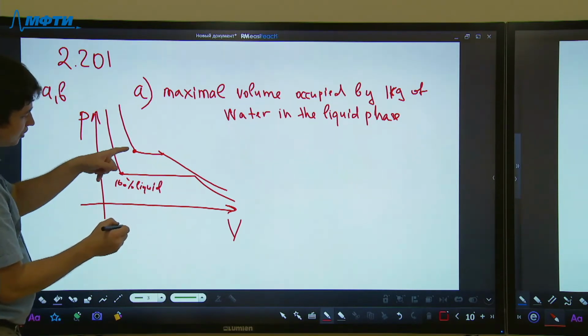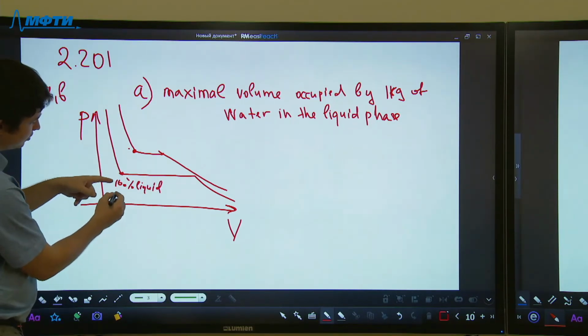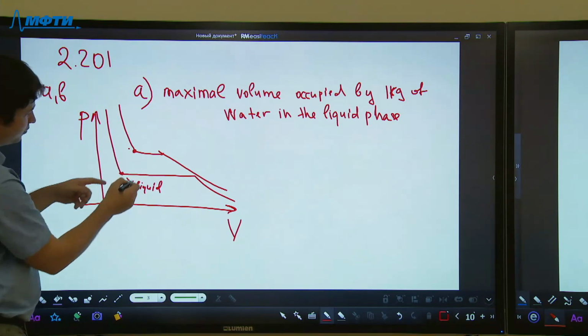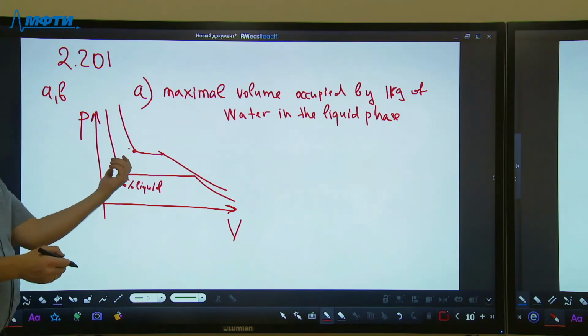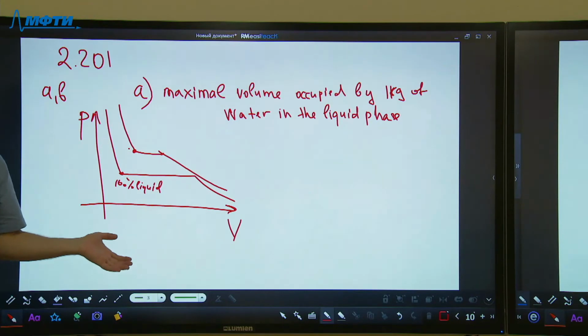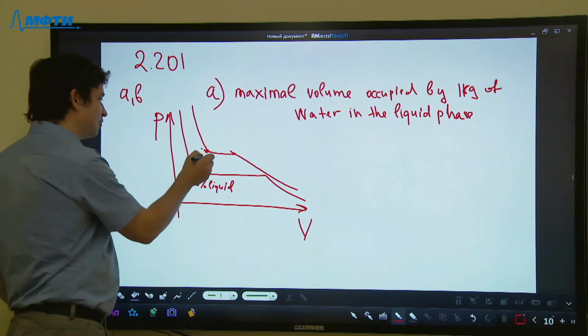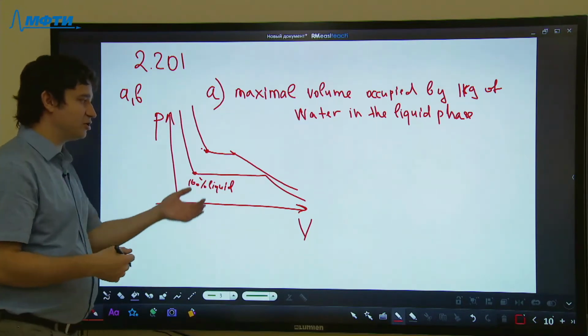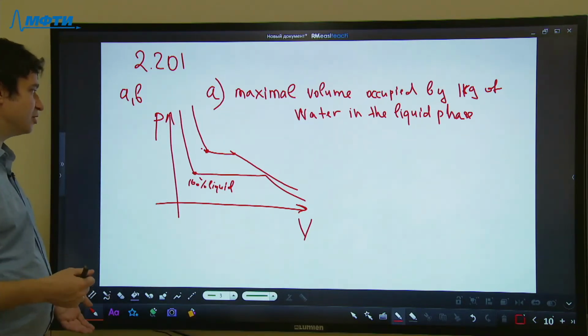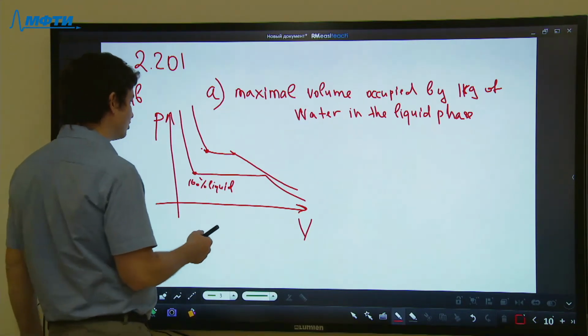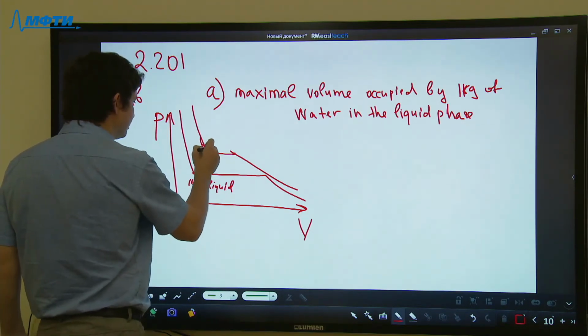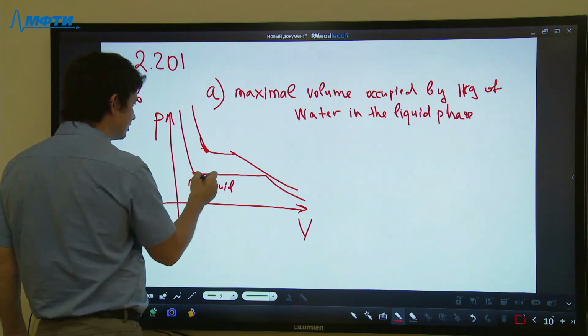As you see, as I increase temperature, the volume occupied by liquid increases. So indeed, the liquid obeys the thermal expansion law. If you increase the temperature, the volume occupied by liquid also increases. So I think it should not make you wonder that the volume of liquid increases.